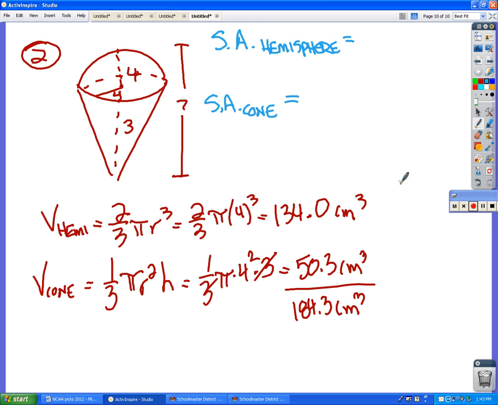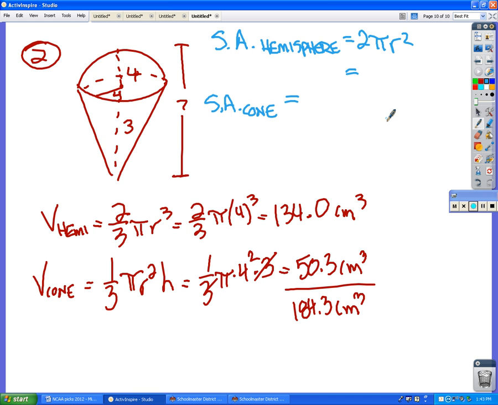So for the surface area, we have to add the surface area of the hemisphere onto the surface area of just the side of the cone. What's the formula for the surface area of a sphere? 4 pi r squared. So if we want the surface area of a hemisphere, it would be 2 pi r squared.